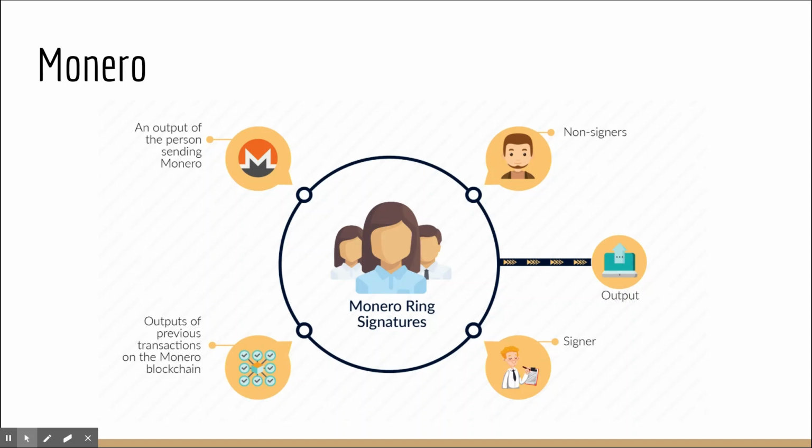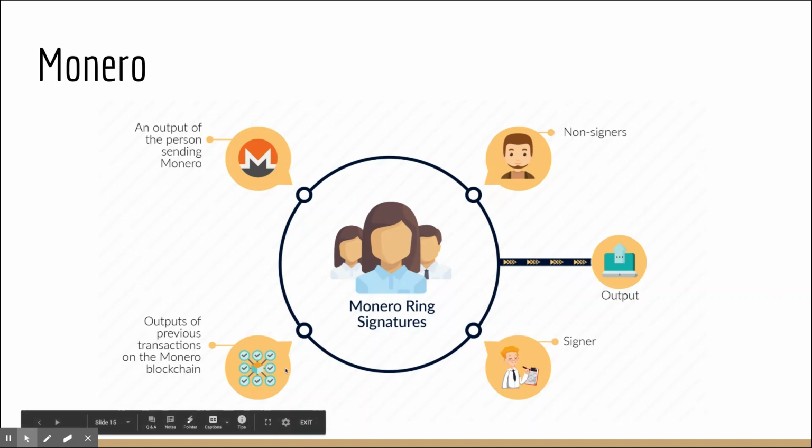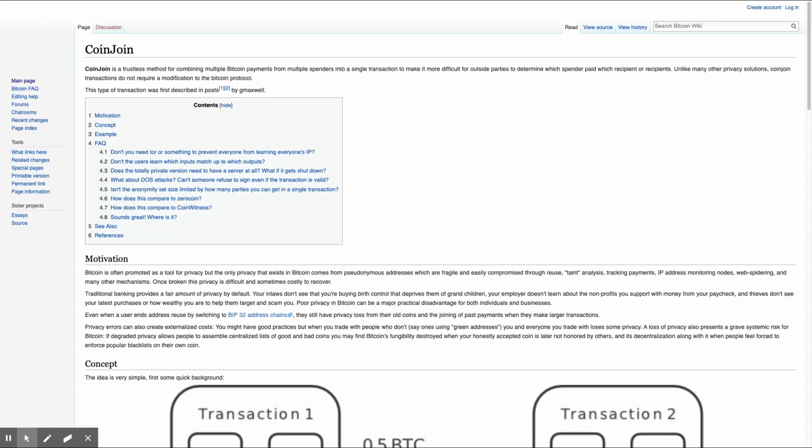So Monero is also similar to Zcash in terms of how it provides privacy, and it uses quite good cryptographic primitives to do that. You can read more about it in the links below, and we'll talk more about these techniques later on. In this lesson, we are going to look at Coinjoin.